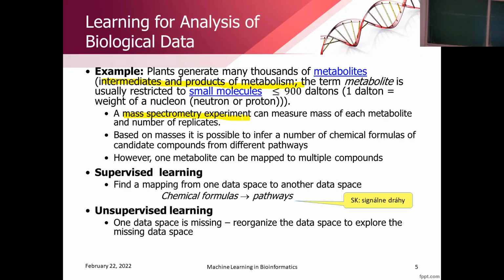And as the molecules, or ions, are charged, they can move in the magnetic field, and the shape of the trace, the route they take, is different for ions of different weights.